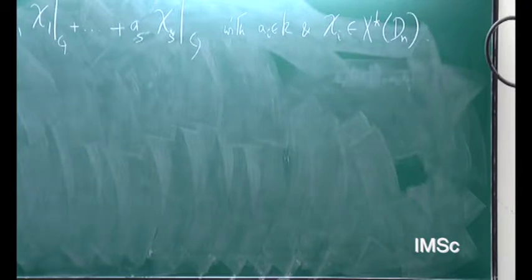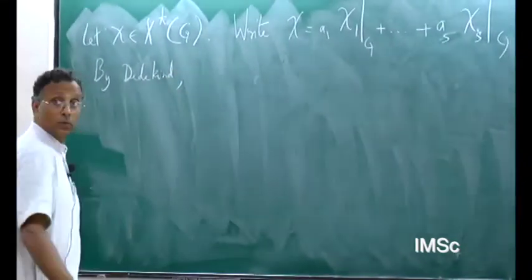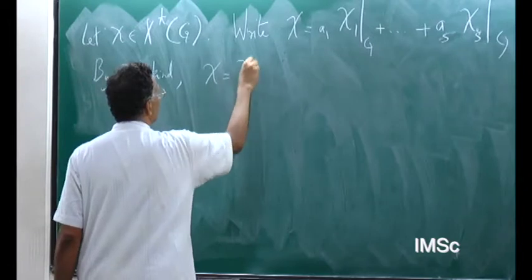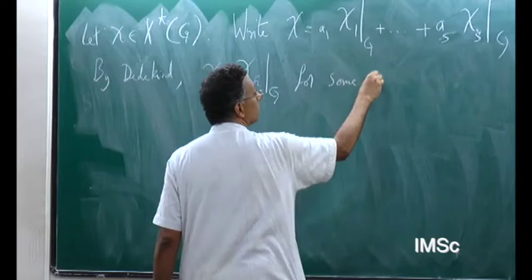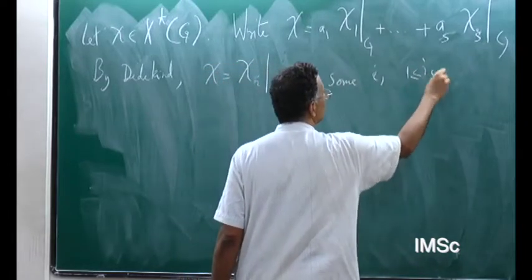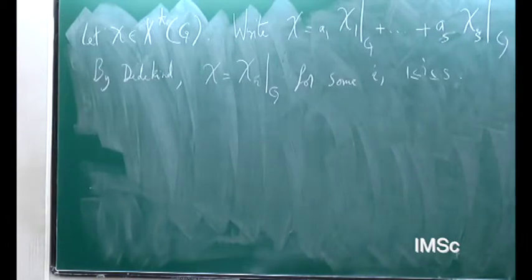So by Dedekind, chi equals chi i restricted to G for some i. So in particular, you've shown that every character is the restriction of a character from Dn.